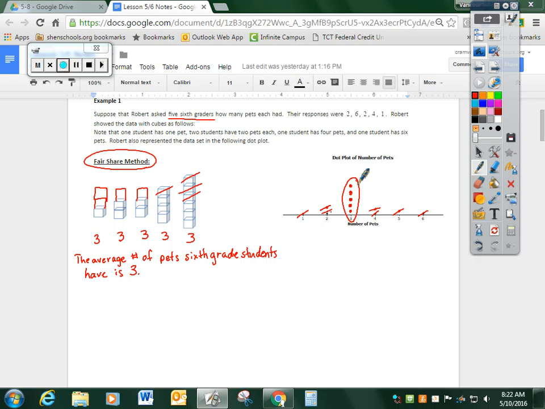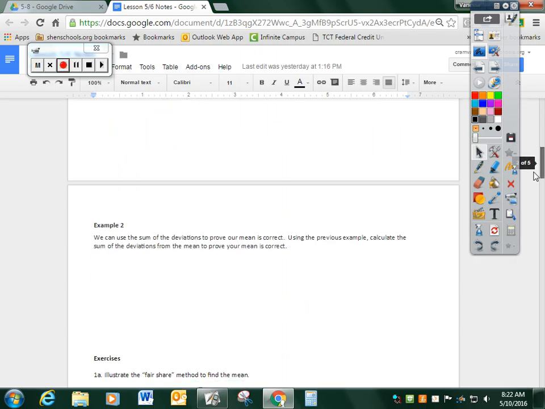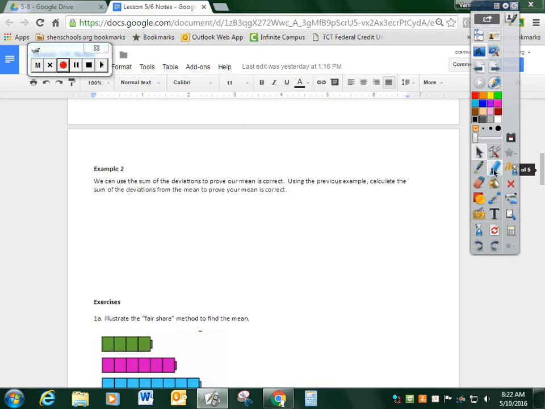This fair share method using a dot plot also shows you that the average number of pets 6th grade students have is 3. Okay, so now if you flip over to the second page, it is going to say we can use the sum of the deviations to prove our mean is correct. Using the previous example, calculate the sum of the deviations from the mean to prove your answer is correct.